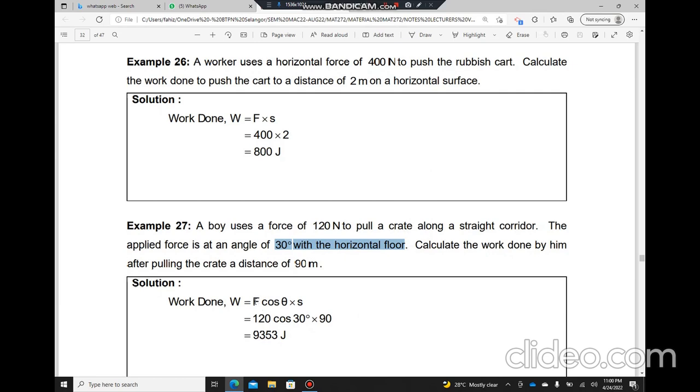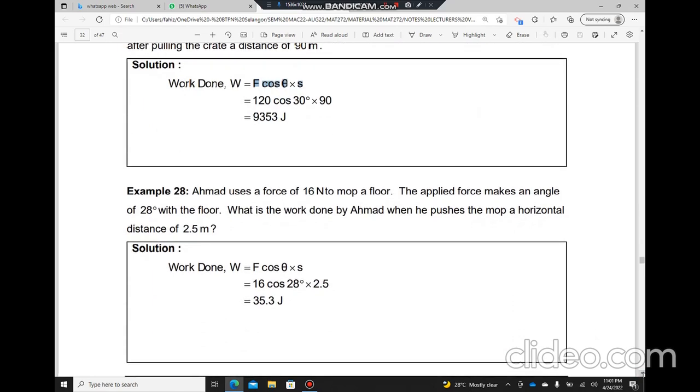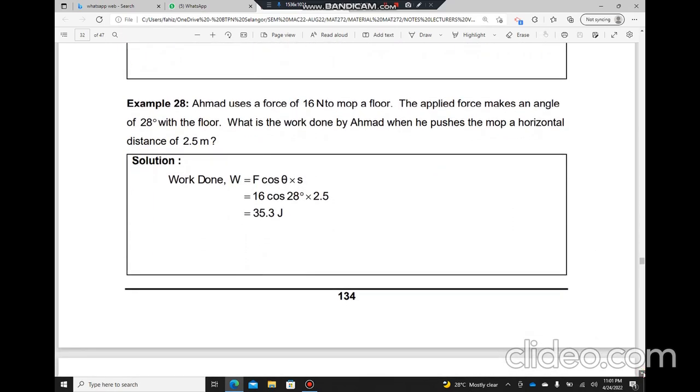So to calculate work done, you can use formula F cos theta multiplied by S. Okay, so 120 cos 30 degree multiplied by 90. So we get 9353 joule. Okay, so you can try solve example 28.